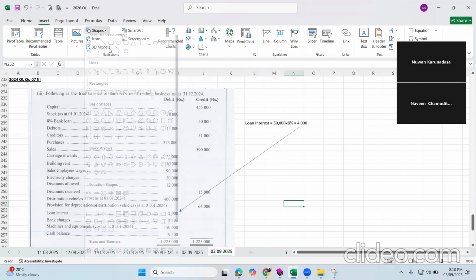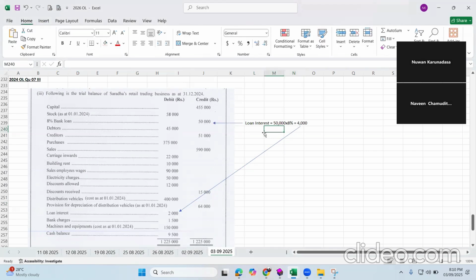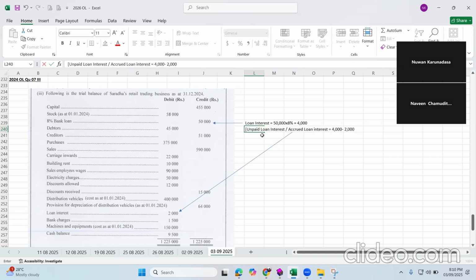Loan interest for the year is 4,000, but the paid amount is 2,000, meaning unpaid loan interest, or we call it accrued loan interest. How much? 4,000 is the interest. We have paid only 2,000. Then the unpaid amount is how much? 2,000. Current liability.